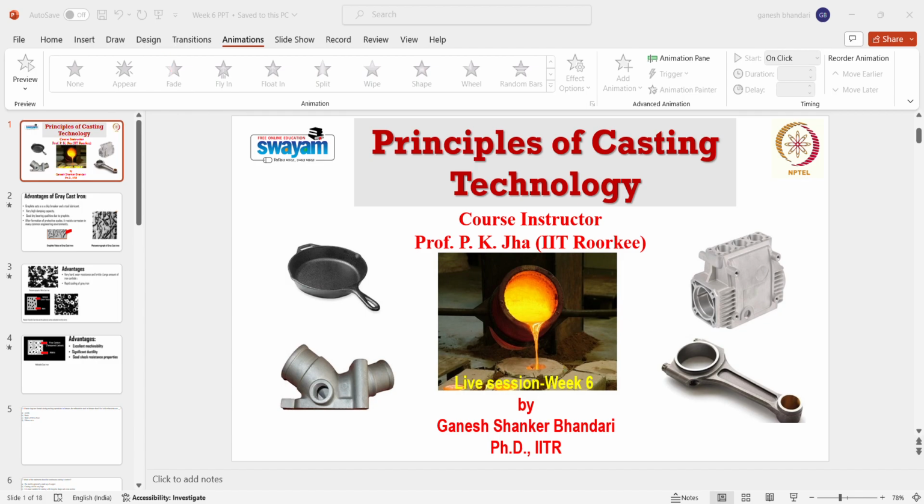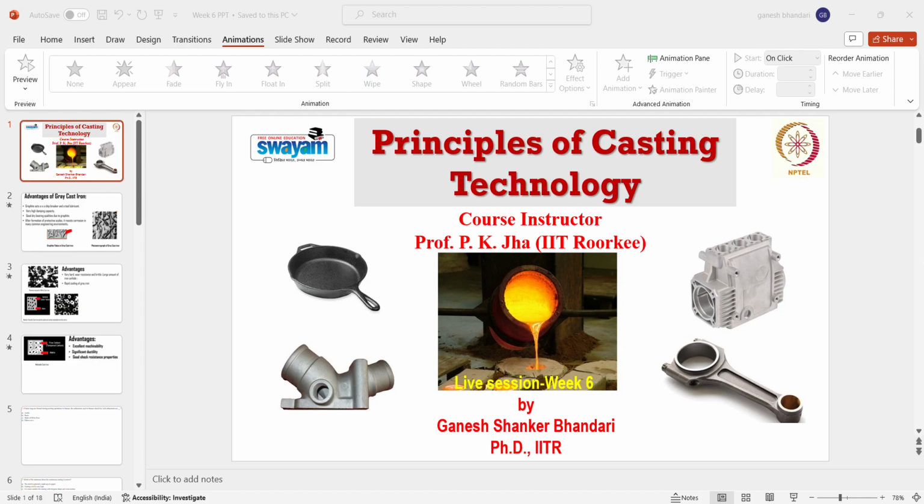Due to the presence of this tempered carbon, we get malleable properties, as the name suggests, malleable cast iron. So we can easily convert that cast iron into sheet structure. We can't do this with other cast irons, because they don't have that much ductile property.